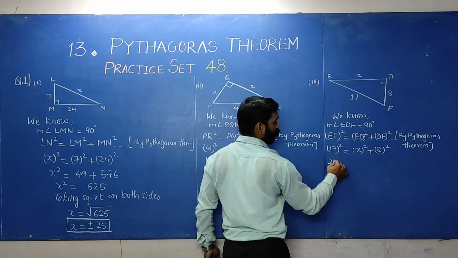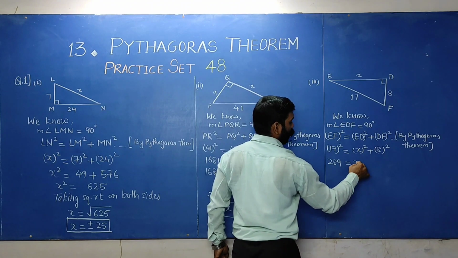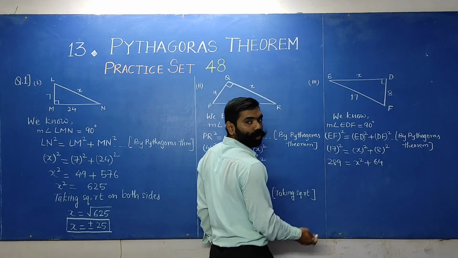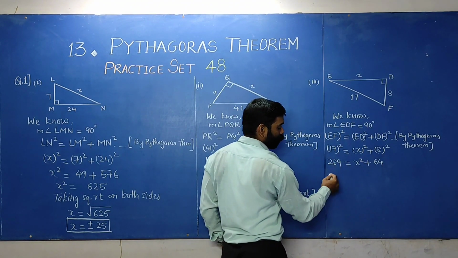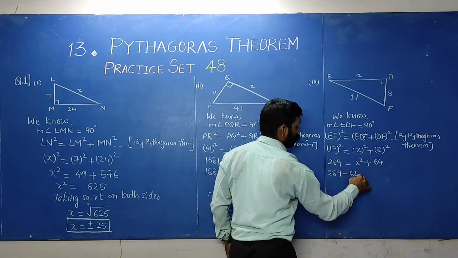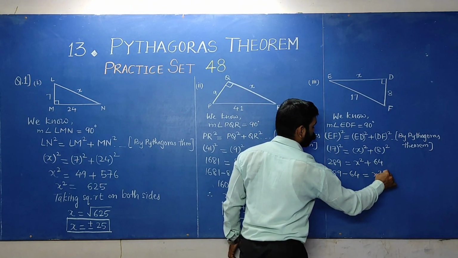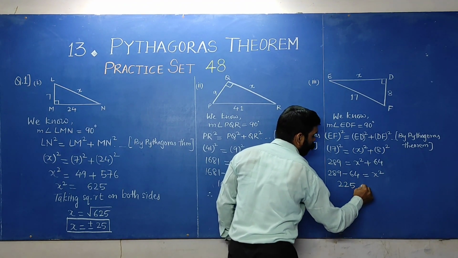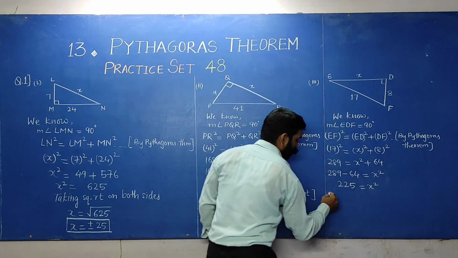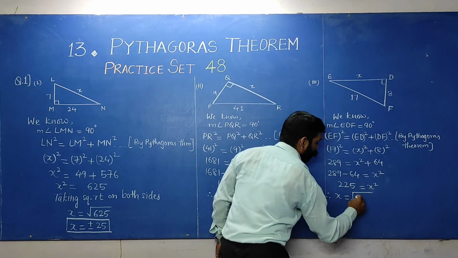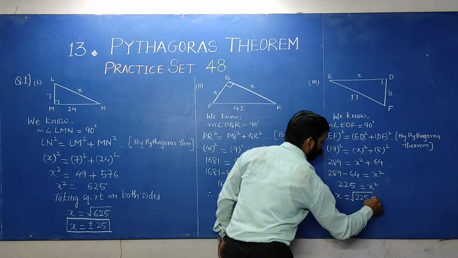17 square is 289. X square is x square. 8 square is 64. So we take 64 to the left hand side, it will become minus 64 is equal to x square. We will get after subtraction 225 is x square. Therefore x is equal to root of 225.